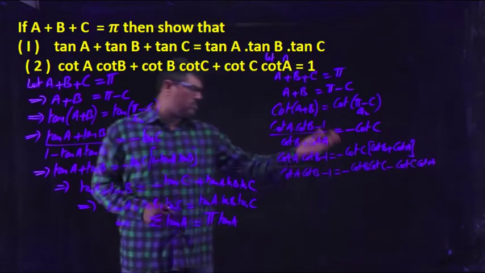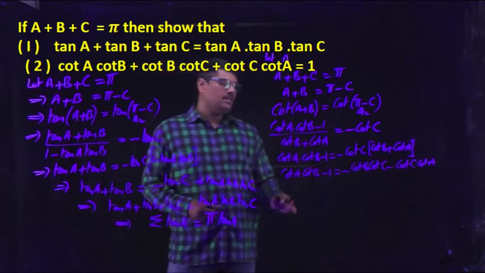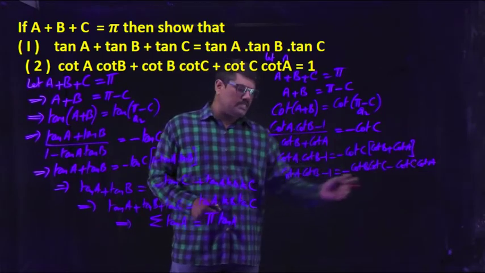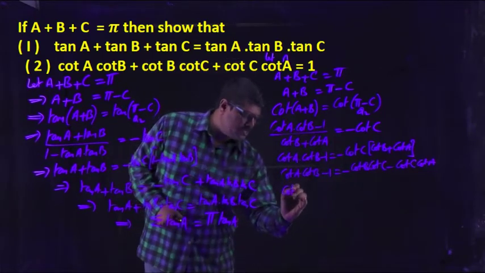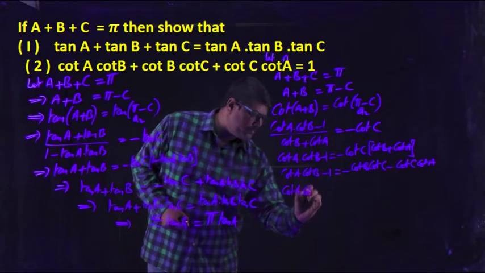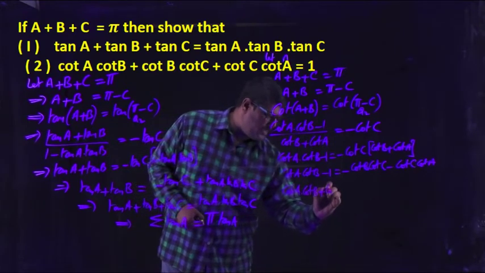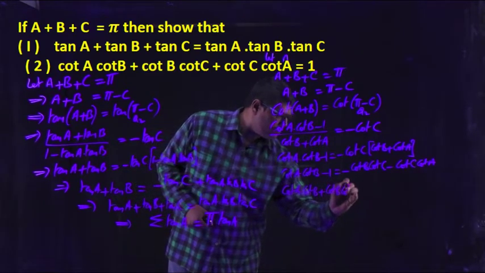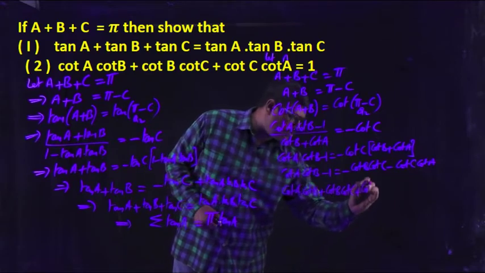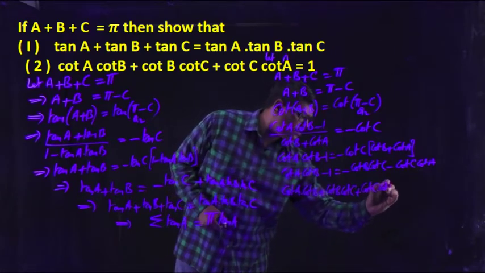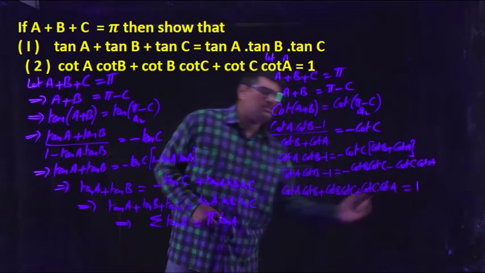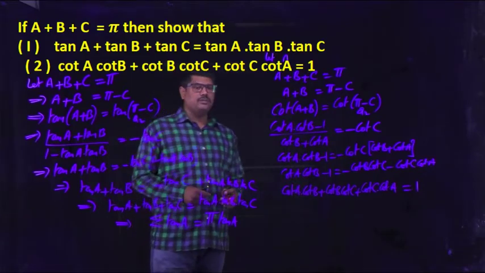Taking those two negative values to the LHS and minus 1 to the RHS, it will become cot A into cot B plus cot B into cot C plus cot C into cot A, which is equal to 1. This is the second condition we need.